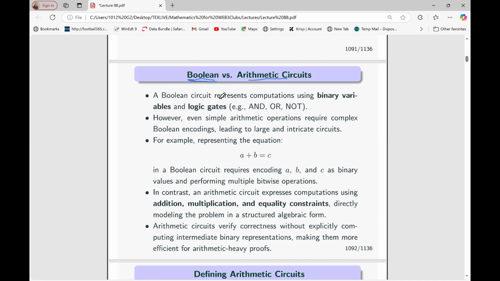because one of the differences, and the advantage comes from there, is that the Boolean circuits would represent computations using binary variables and logic gates. So what I said is you are given a computation under Boolean circuits. At this computation, the inputs would then be converted to binary variables, first of all. But the arithmetic circuit is not doing that.